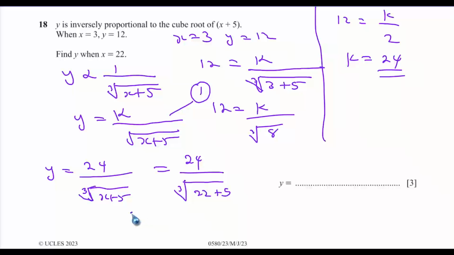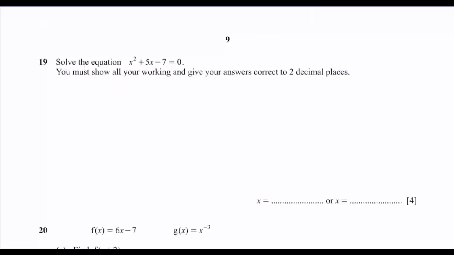So that will be equal to 24 over the cube root of 27. So that will be 3. Okay, so cube root of 27 is 3. That means you have 24 out of 3. And finally, our answer will be 8. Finally, y is equal to 8. So let's go to the next question. So that will be question 19.